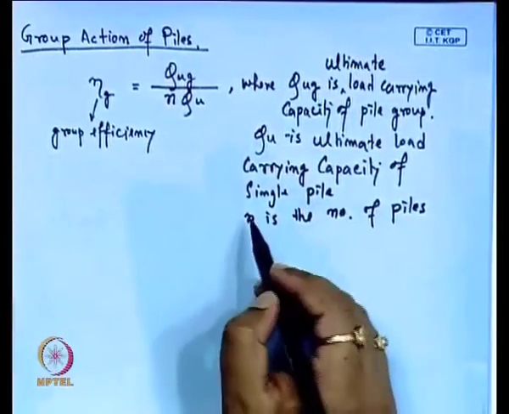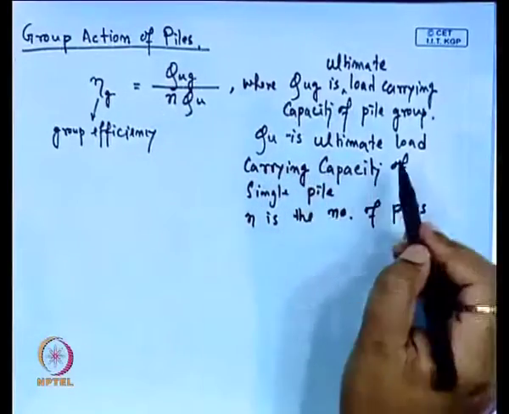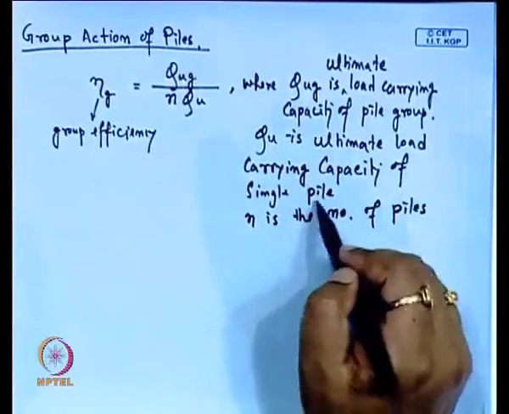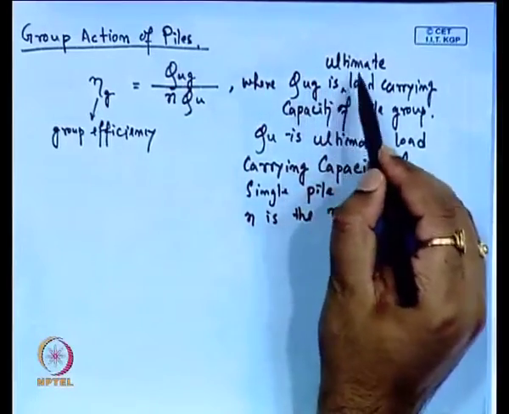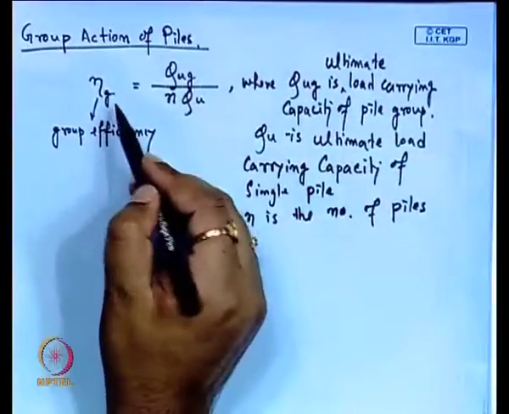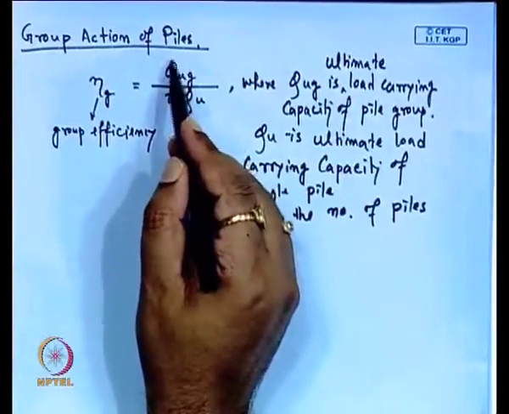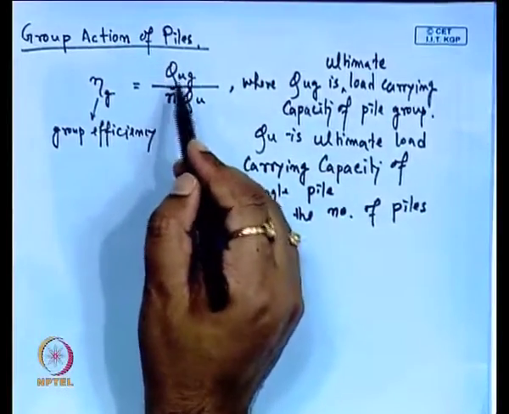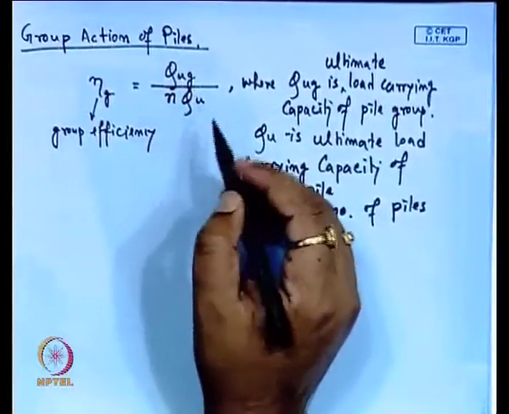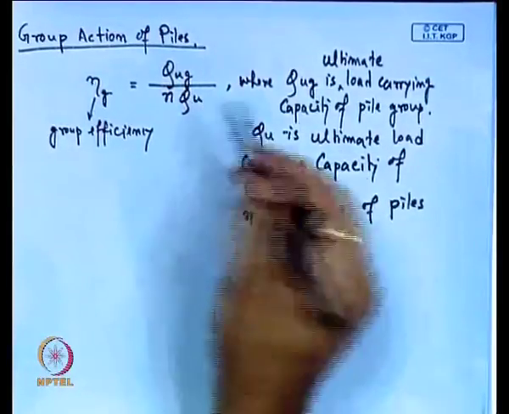So N is the number of piles in the group, Q_U is the ultimate load carrying capacity of the single pile, and Q_UG is the ultimate load carrying capacity of the pile group. To get this group efficiency, you have to calculate the ultimate load carrying capacity of the piles in the group, considering the group as a whole, and then Q_U for the single pile.